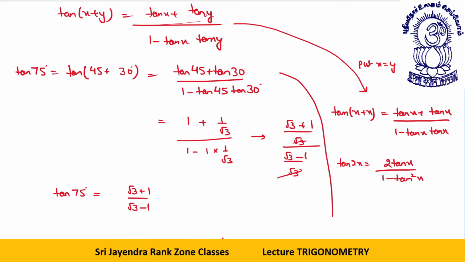That is, I can say half into sin 36 degree. So clearly the answer is none of these. Clear, dear students? Let's take the next one.